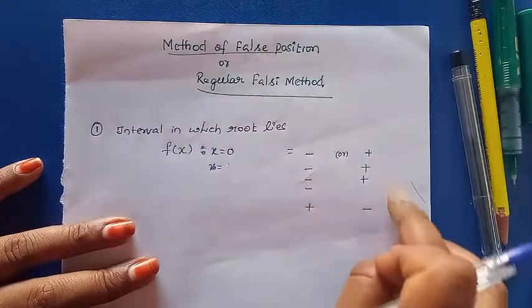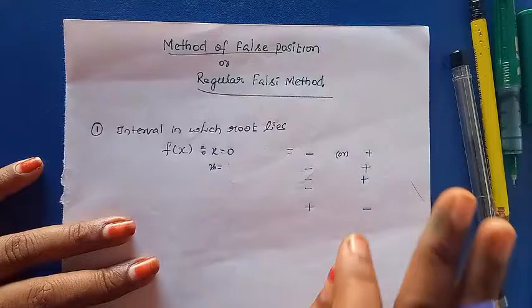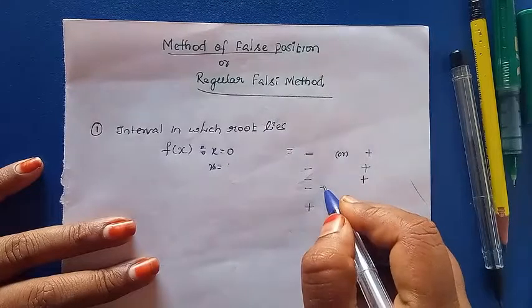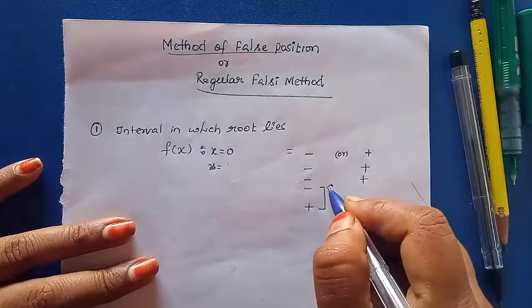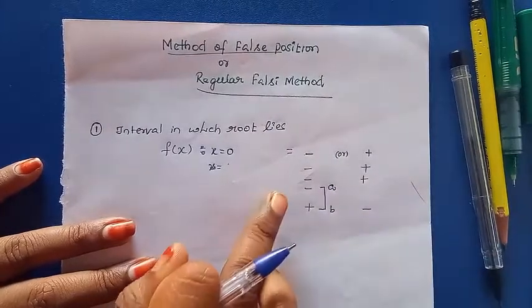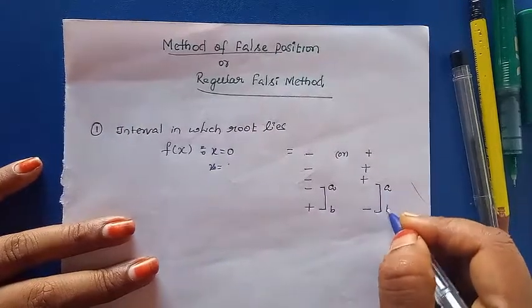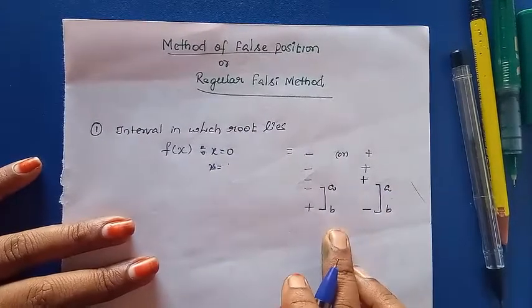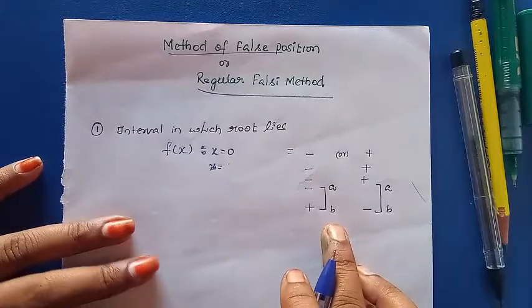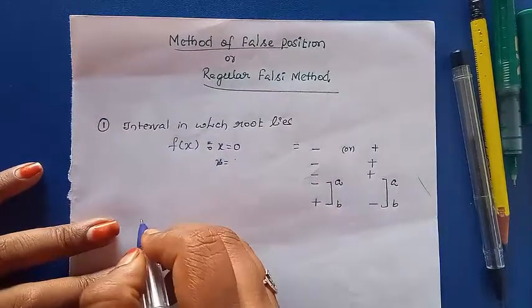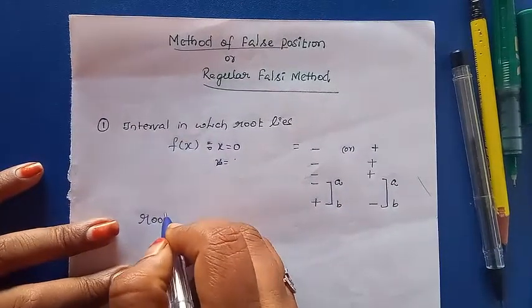When this changeover happens in the sign, we stop the process and fix the interval as a and b. Either it may be minus to plus or plus to minus. These two values are considered as a and b, and this gives the conclusion that the root lies between a and b.